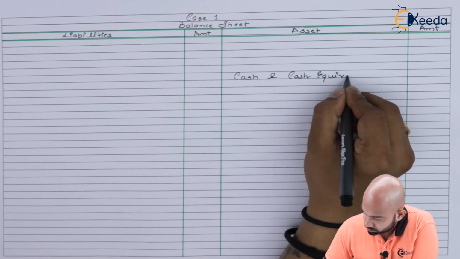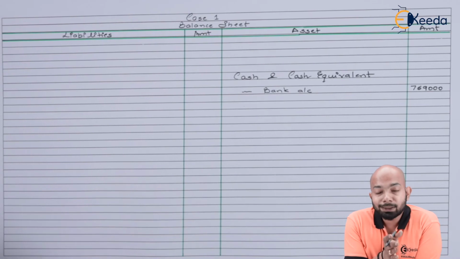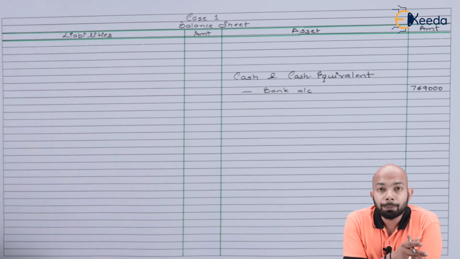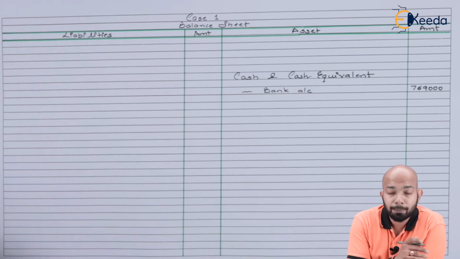Now, the next part will be the debenture capital account, out of which calls in arrears will be subtracted here. So let's mention that.